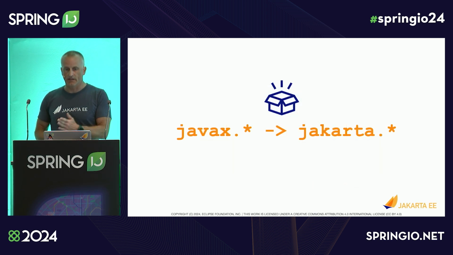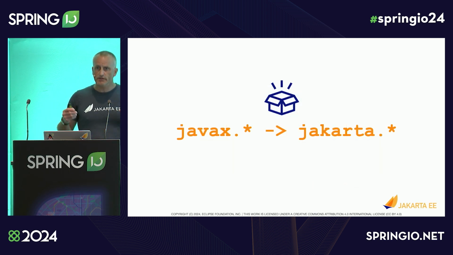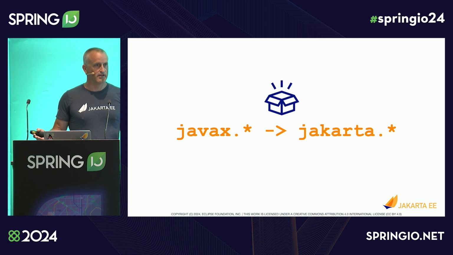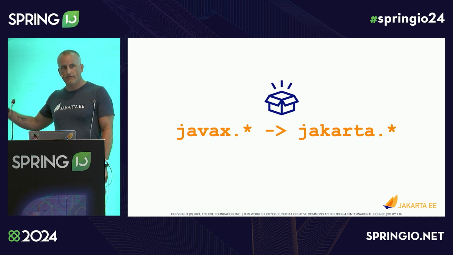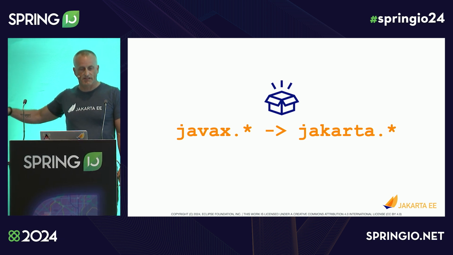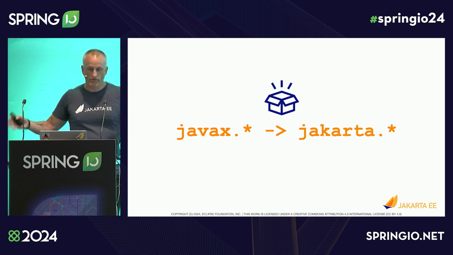It obviously had big impacts, but it was also an eye-opener. I mean, the ecosystem actually saw that, oh, we are using a lot of these technologies. And we got rid of a lot of old libraries that were out there and not maintained anymore, because you had to move on to something that was on the new namespace.